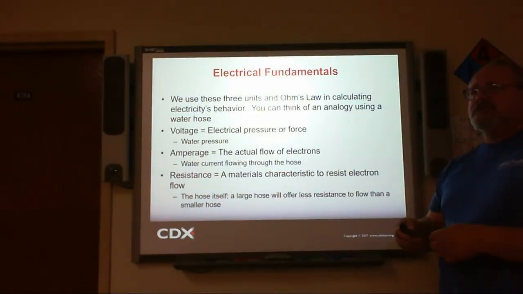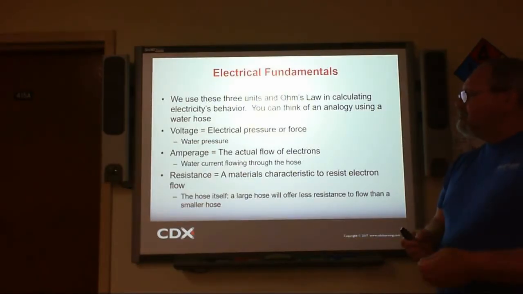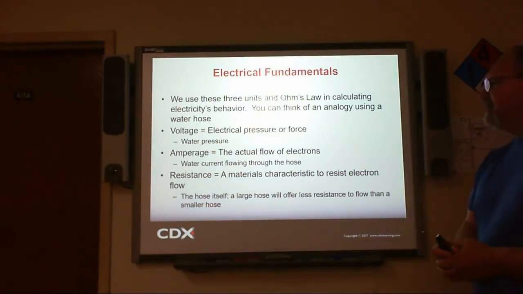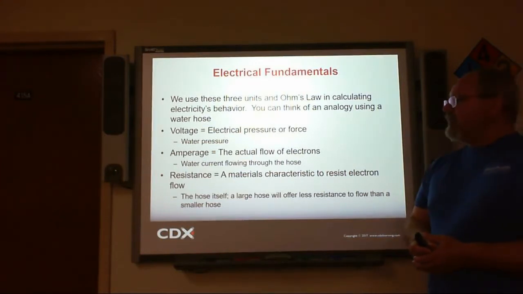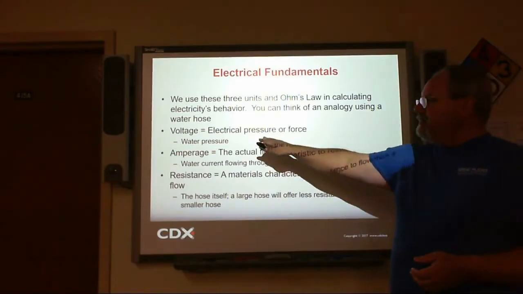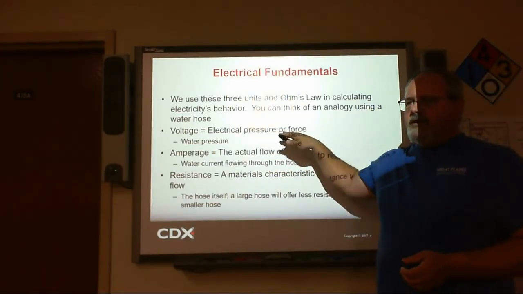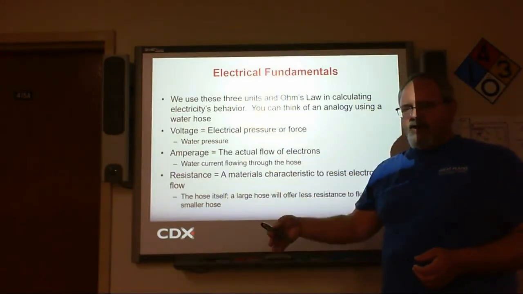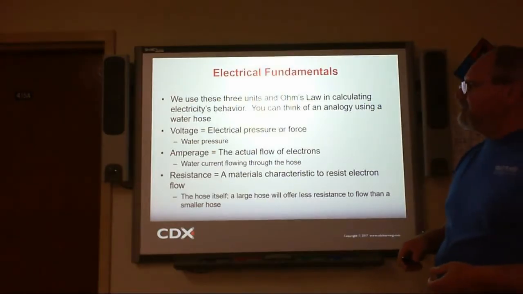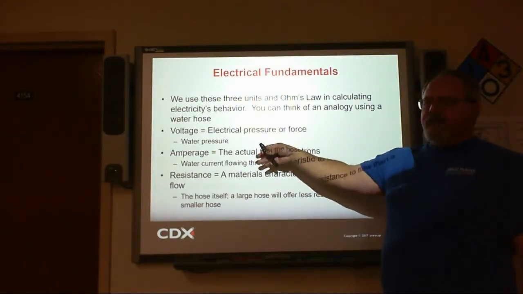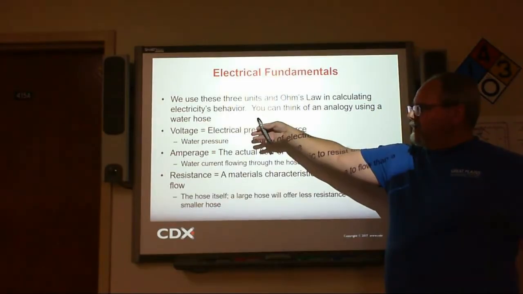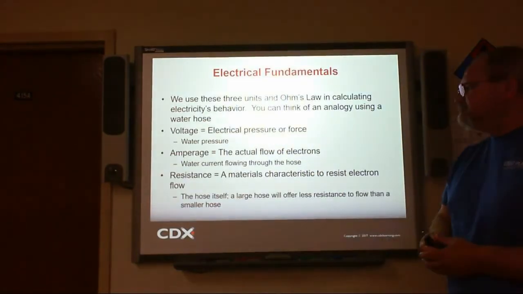Think of a water hose hooked up to a faucet with a hose connected and a valve on the end. If you have water flowing through that hose, it takes water pressure to make it flow. And just like electrical flow, the flow of electrons, we have to have pressure to encourage them to flow. Our water pressure is analogous to voltage.